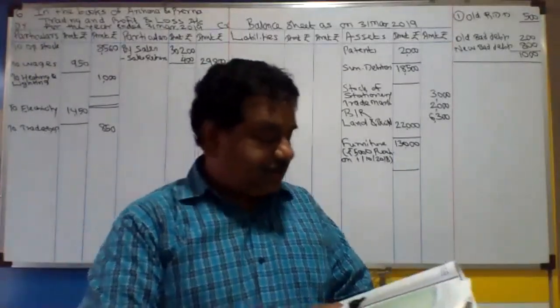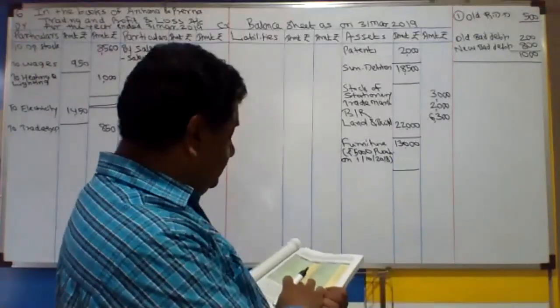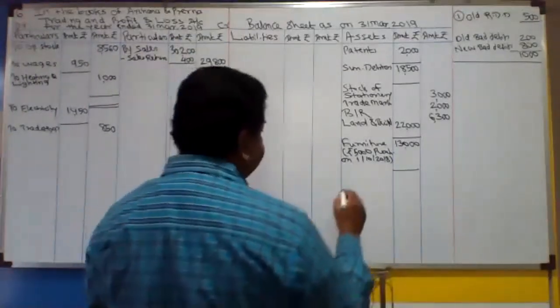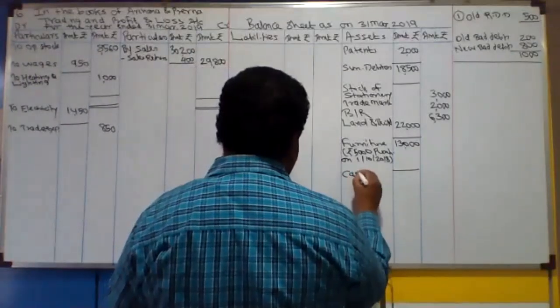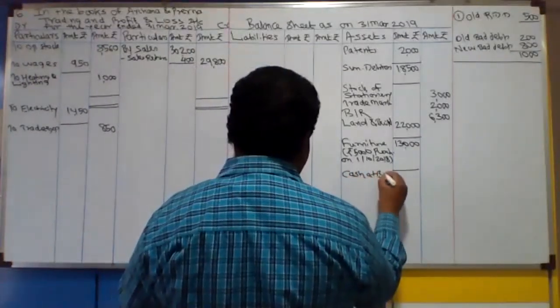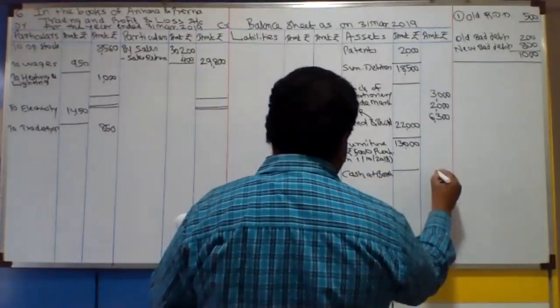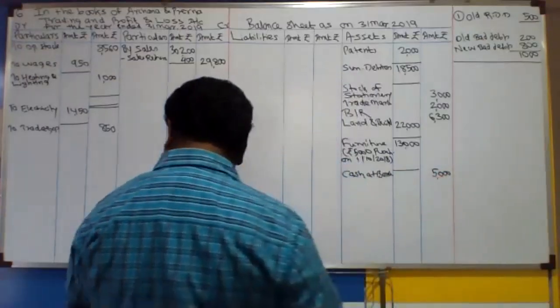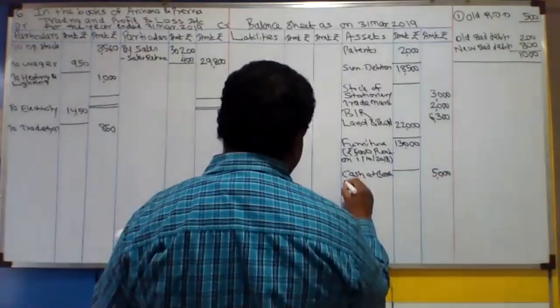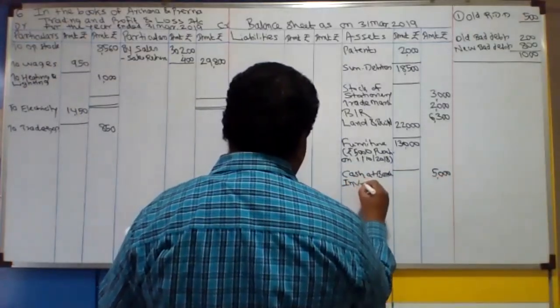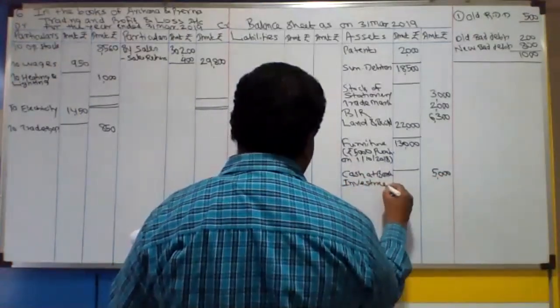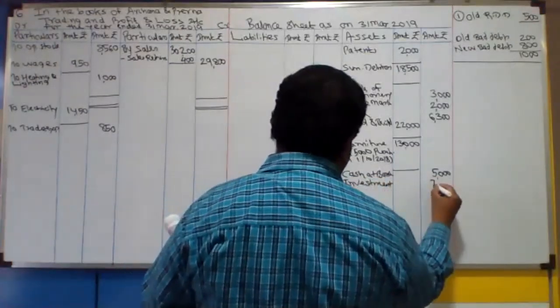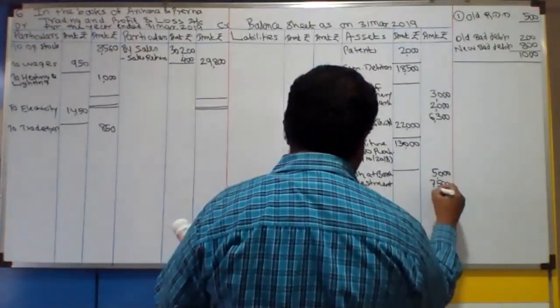Then there is cash at bank, 5,000 rupees. Then investment, also an asset. Investment 7,500.